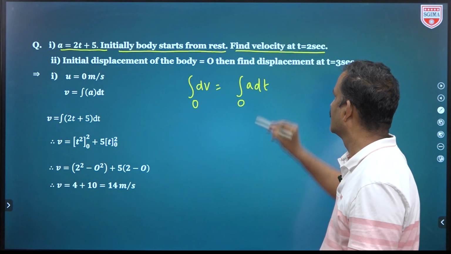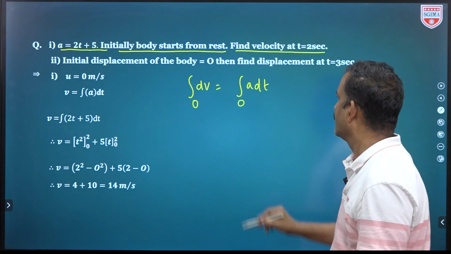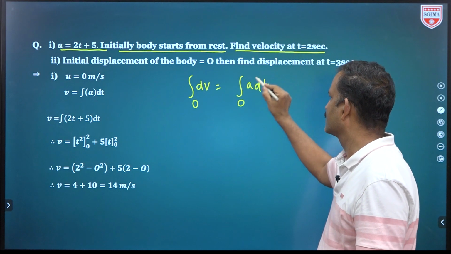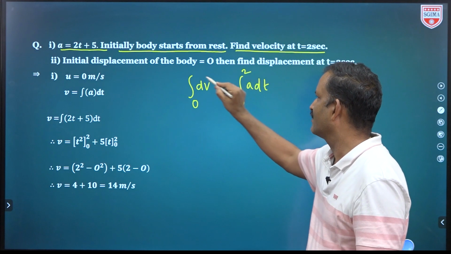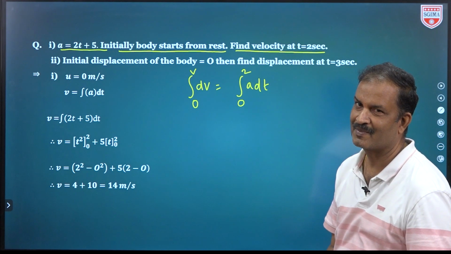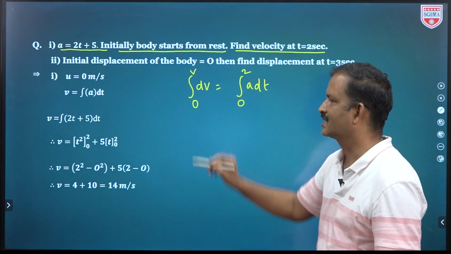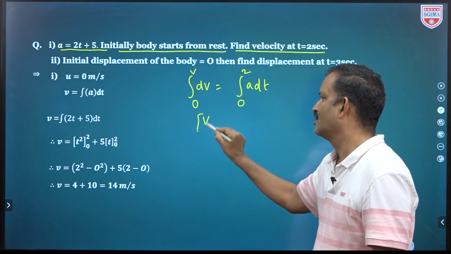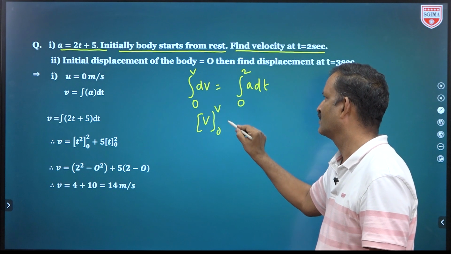Now, velocity at t equal to 2 seconds. At 2 seconds, what is the velocity? I am applying the integration limits. Integral of dv is v, limits 0 to v.